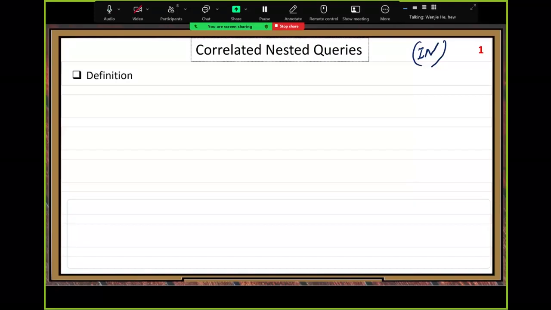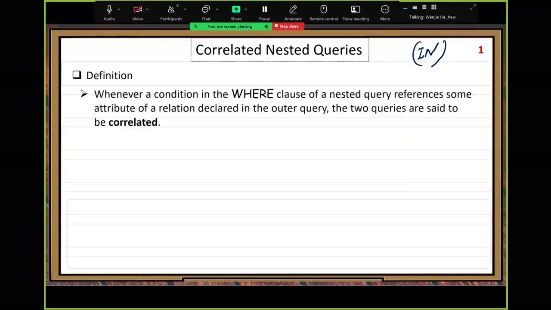Here is the definition: whenever a condition in the where clause of a nested query references some attribute of a relation declared in the outer query. So you have an outer query.